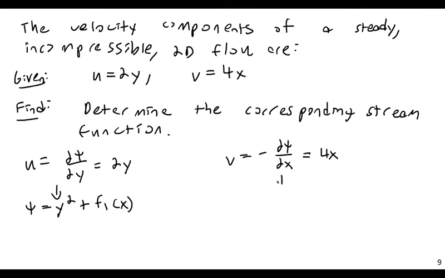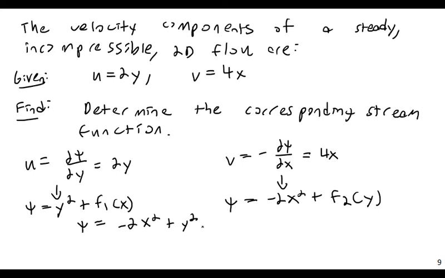And then from here, psi must be equal to negative 2x squared plus some function of y. There's no reason we can't let these be our constants when combined together. So psi can just be treated as the summation of these two, negative 2x squared plus y squared.